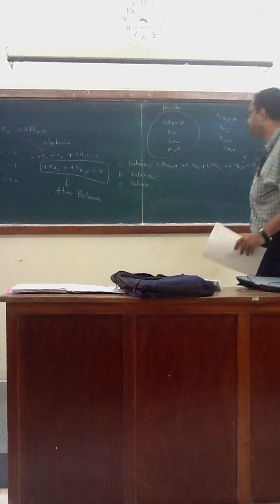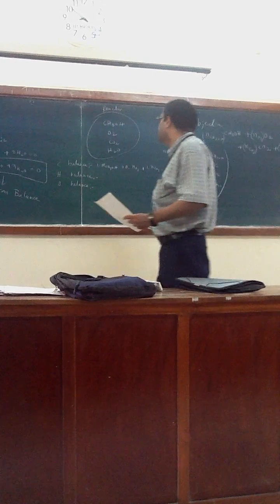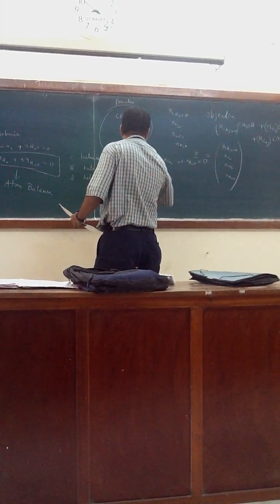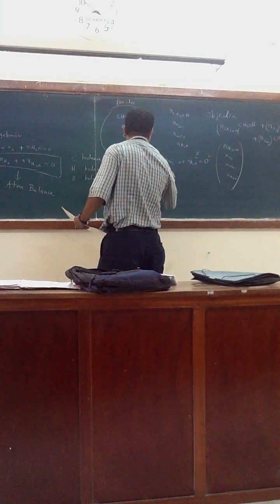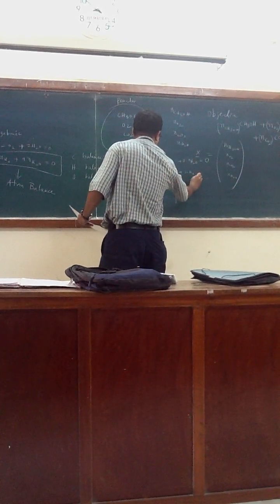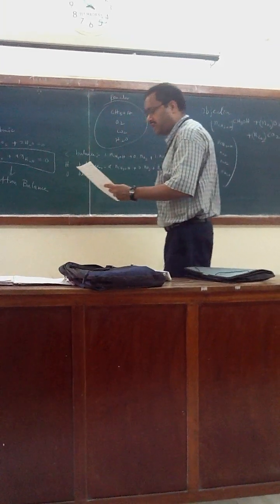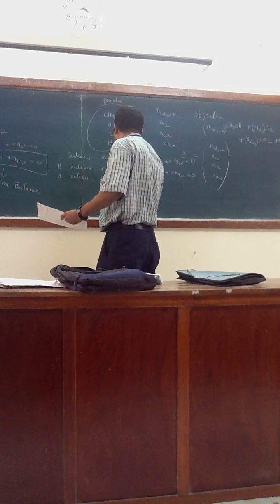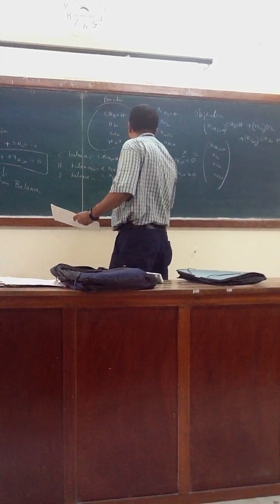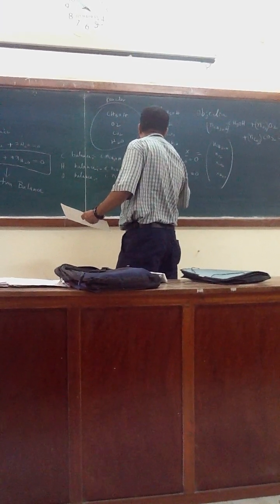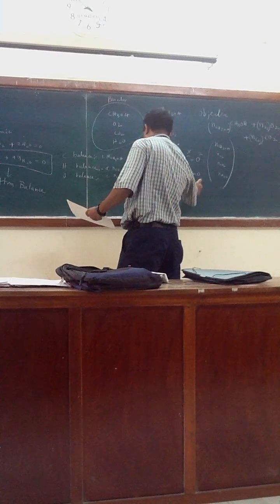Hydrogen balance equation, please tell me. 4 n_CH3OH plus 0 n_O2 plus 0 n_CO2 plus 2 n_H2O equals 0. Right? O balance: 1 n_CH3OH plus 2 n_O2 plus 2 n_CO2 plus 1 n_H2O equals 0.